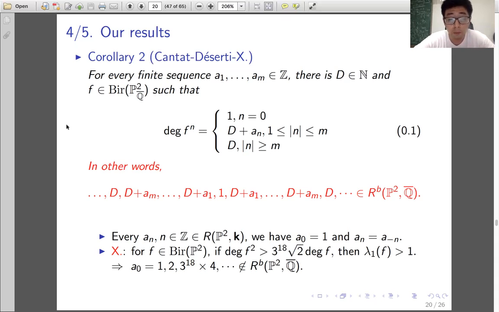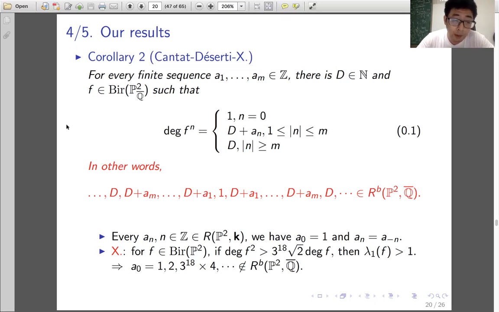But in fact, for all sequences in R(P^2, k), we have this property. And we also show that this d is necessary because we have the following result.